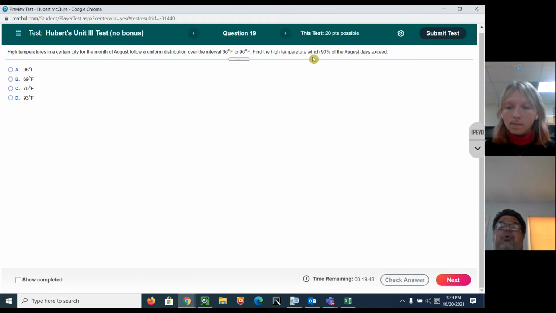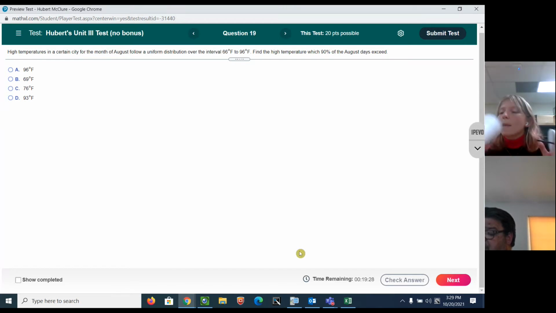Find the high temperature which, okay, 90% of August days exceed. So area is equal to 0.9000.